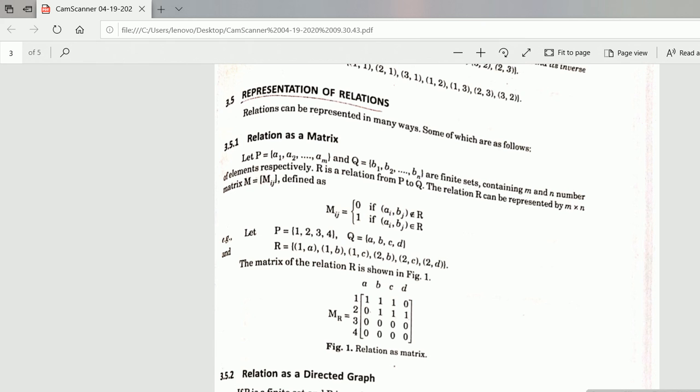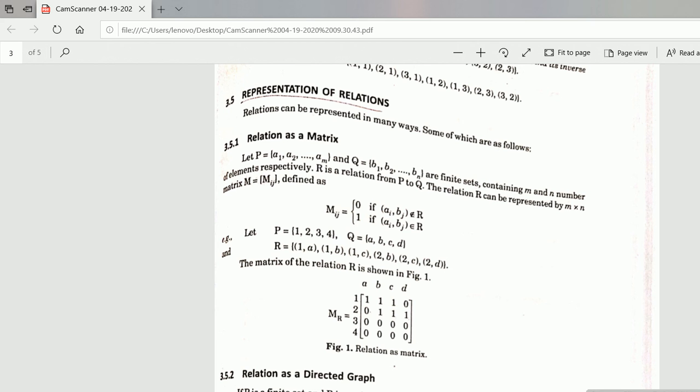R is a relation from P to Q. The relation R can be represented by an m cross n matrix M equal to Mij, defined as Mij equal to 0 if (ai, bj) does not belong to R, and this has value 1 if (ai, bj) belongs to R.